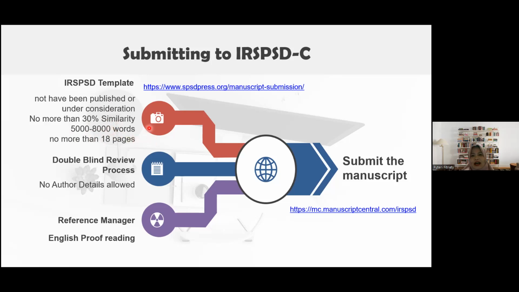After you submit, your manuscript will go through a double-blind review process, so the author and the reviewer will not know each other. Your manuscript should exclude every detail about the author.